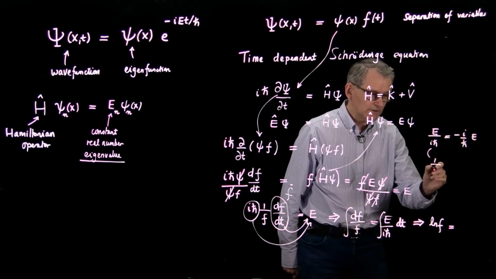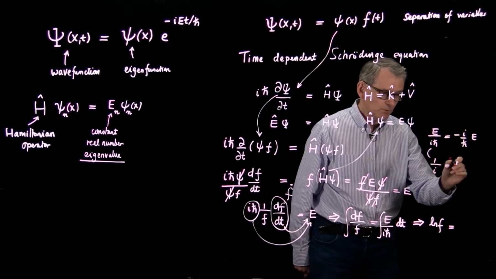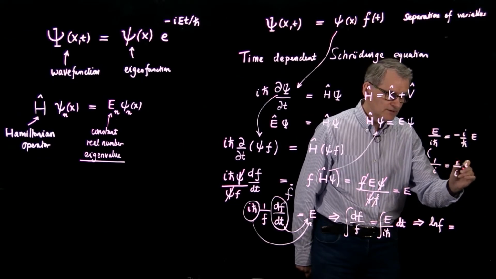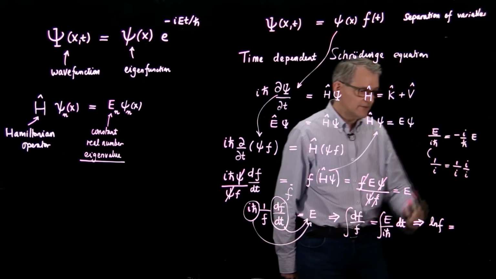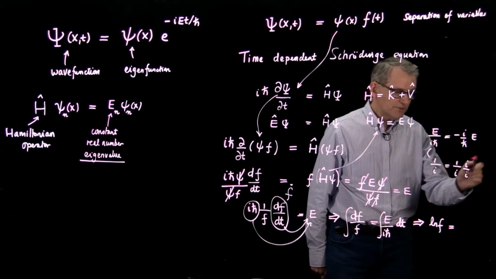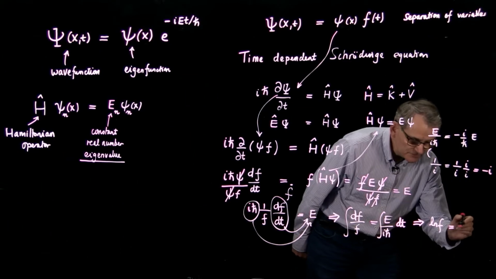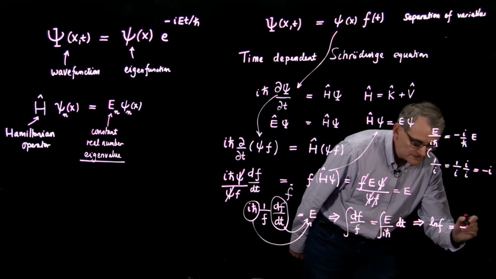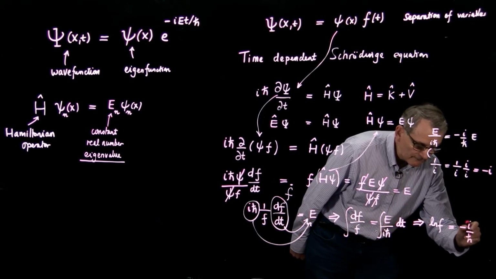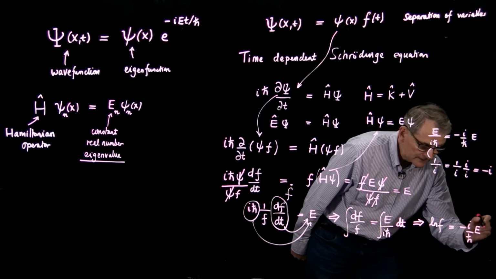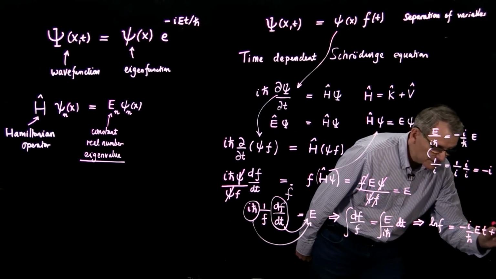Because 1 on i is the same as 1 on i, and if I multiply top and bottom by i I haven't done anything, but i times i is minus 1, and so this is the same as minus i. So this then gives me minus i on h bar E t plus some integration constant.